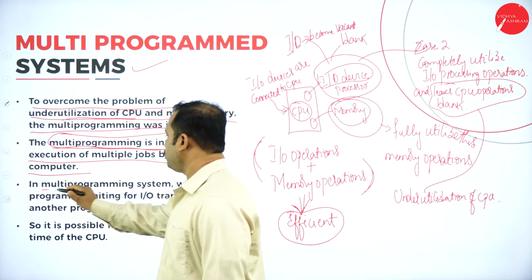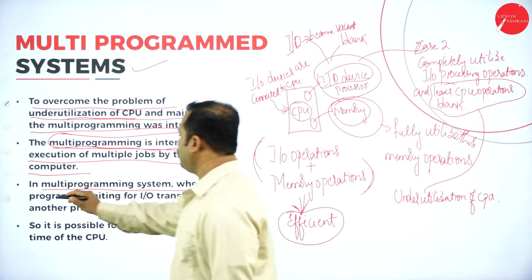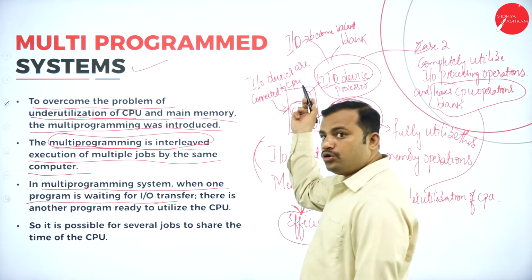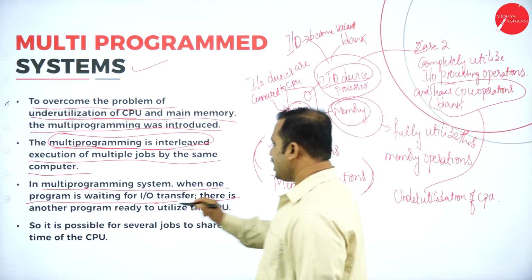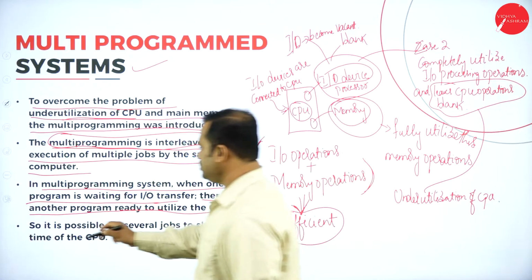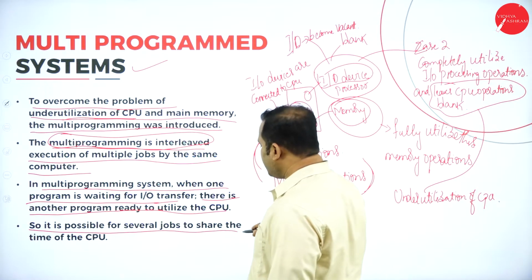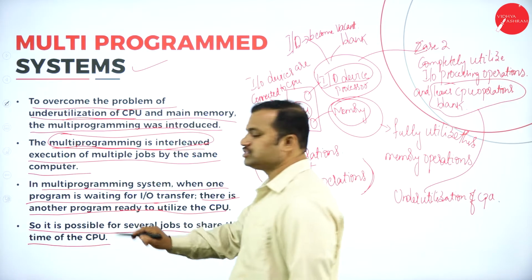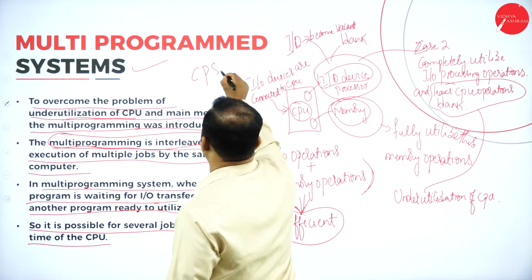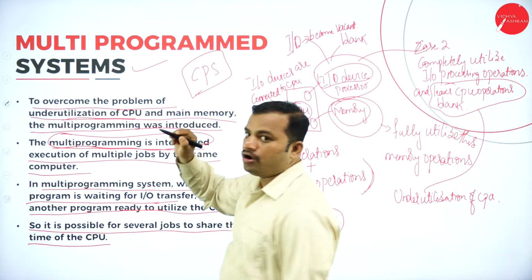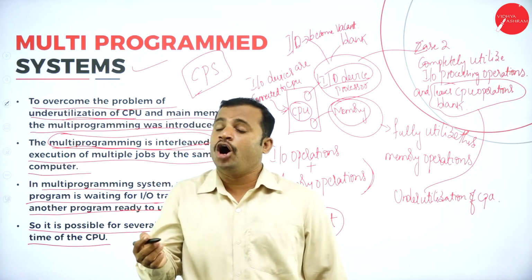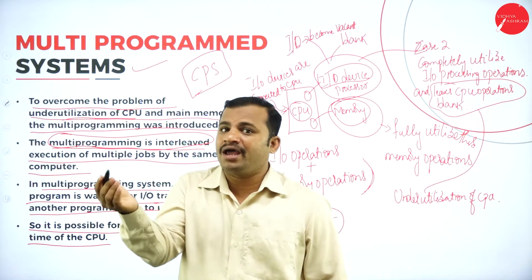Because in a multi-programming system, when one program is waiting for I/O transfer, there is another program ready to utilize the CPU. So it is possible for several jobs to share the time of the CPU, that is cycles per second, so that there would not be any free time.